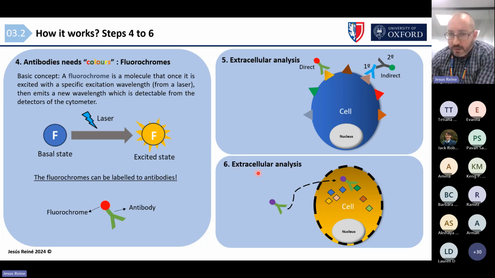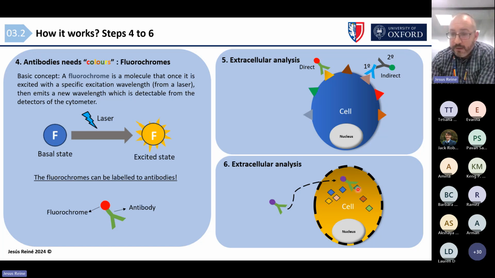With a similar approach, we can do intracellular analysis. This is intracellular, not extracellular. All cells have a membrane, so when we would like to analyze the antigens located inside, we need to permeabilize the cells. We create small pores so the antibodies can go inside the cell and recognize the antigens located inside.